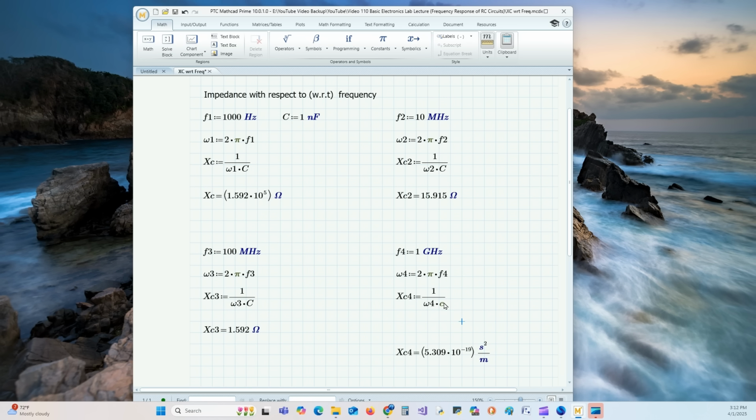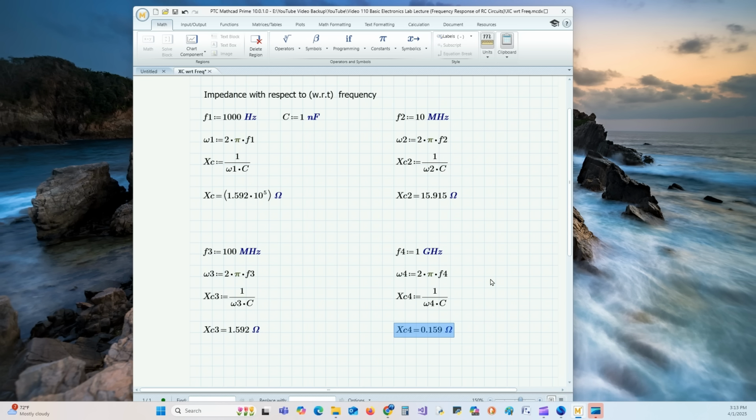And see, I typed the small c, the software got confused, got the wrong answer. Type in the correct C, and we get the correct answer. So as XC, the capacitor's reactance, gets smaller and smaller, it appears as a short.